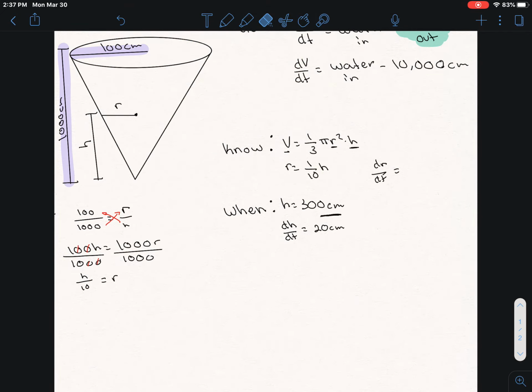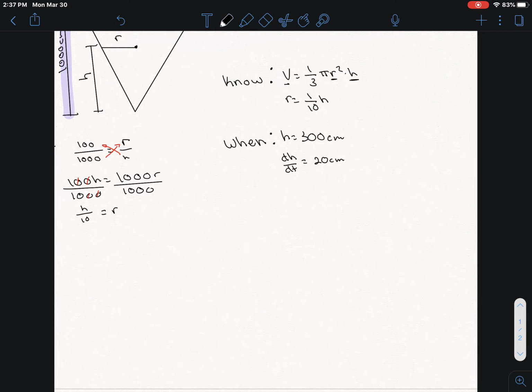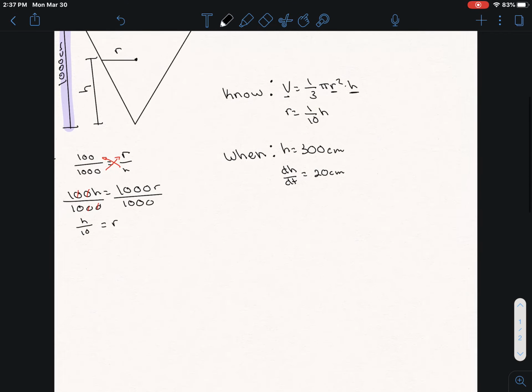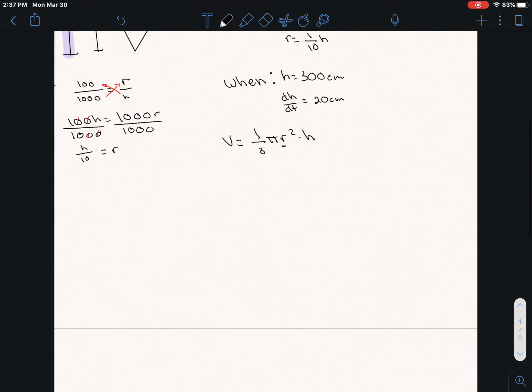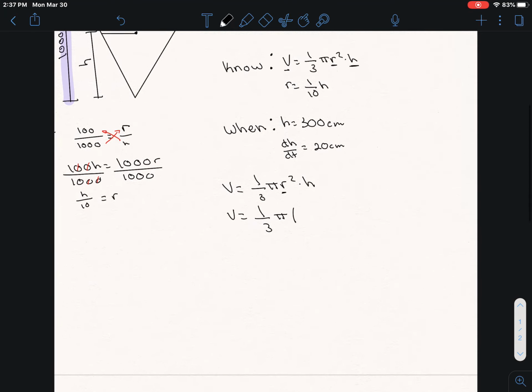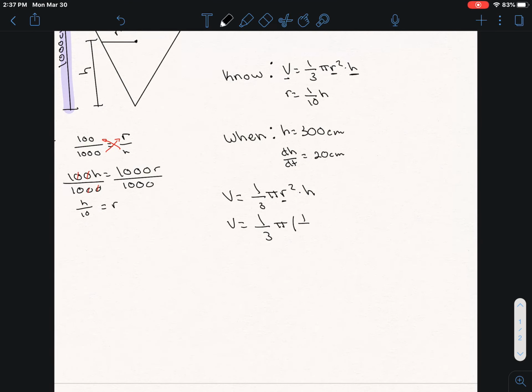All right, so now we can use our equation. Or I guess we don't need this. Now we can use our volume equation. So we know that volume is equal to 1/3 pi r squared times h. And we already know what our r is, so we're going to automatically put that in right now. r is 1/10 h times h.